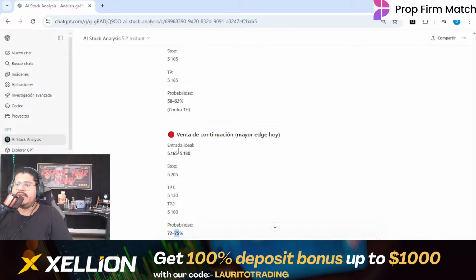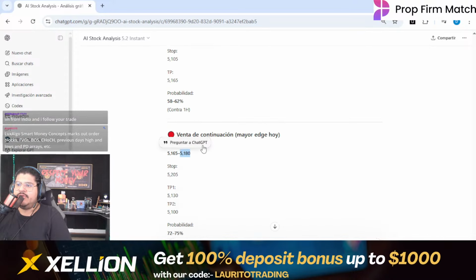The problem is, for example, the stop loss it provides me is 52.05. If I open the short position at 51.80, that could be around 250 pips of stop loss. And well, it's big, so you need to control that.